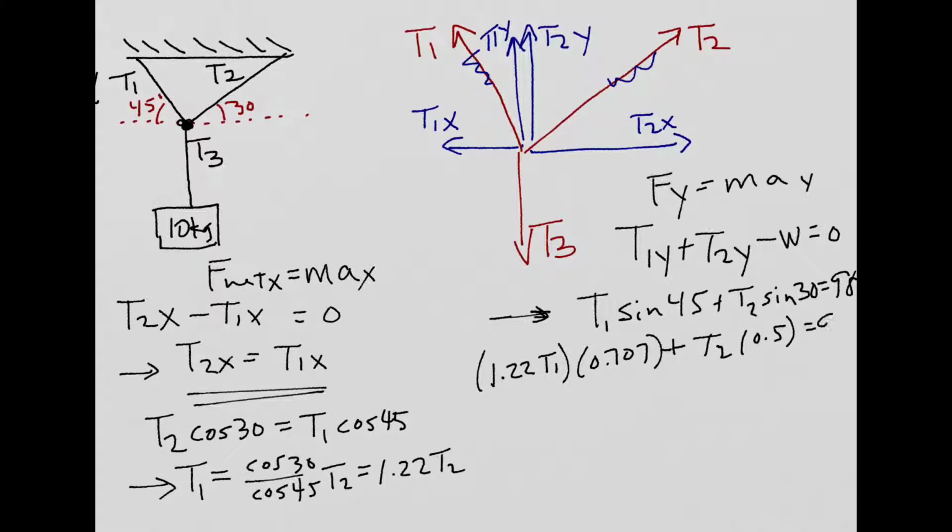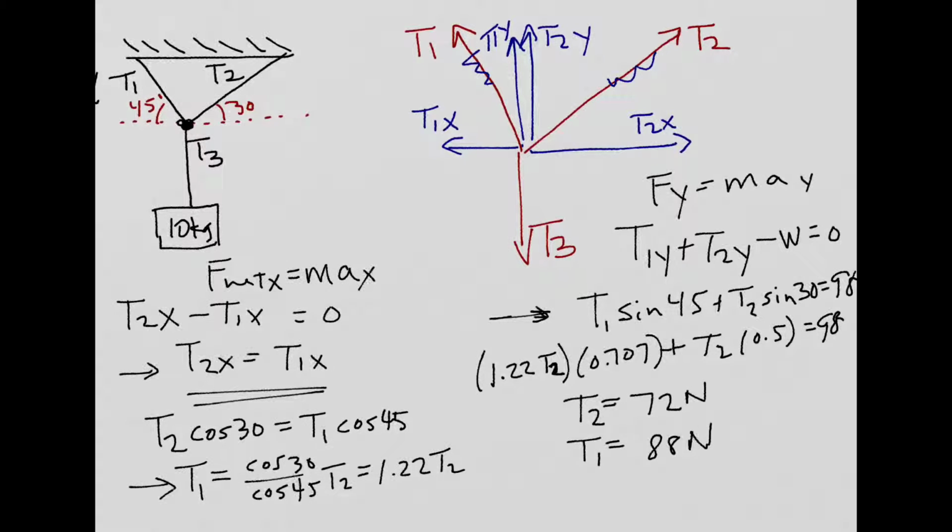All that equals 98 newtons. Sorry, my mistake over here, it is T2. So I've got one equation with just T2 in it, and when I solve I get T2 is equal to 72 newtons. T1 is 1.22 times that, or 88 newtons.